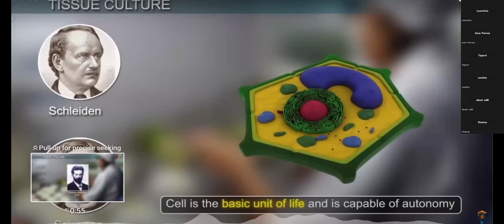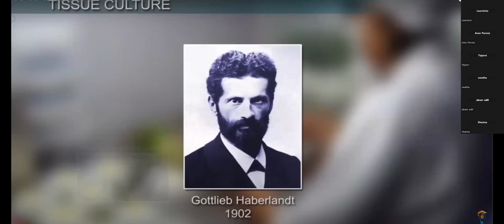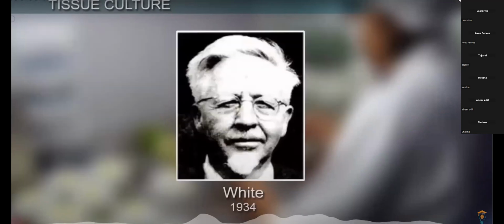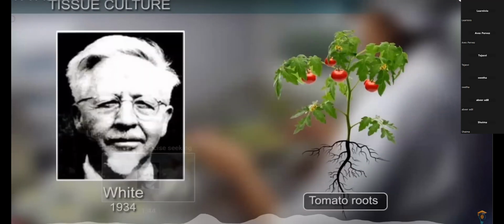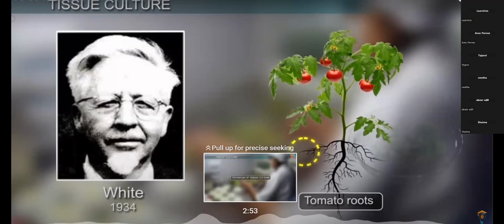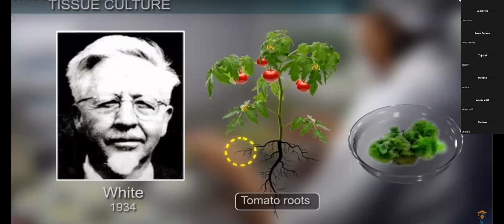So we just take the cell, for example, we just take a part of the plant. Let me show you here. Then we start growing it in a nutrient rich medium. We take the tissue part from this and start growing it in the nutrient rich medium.